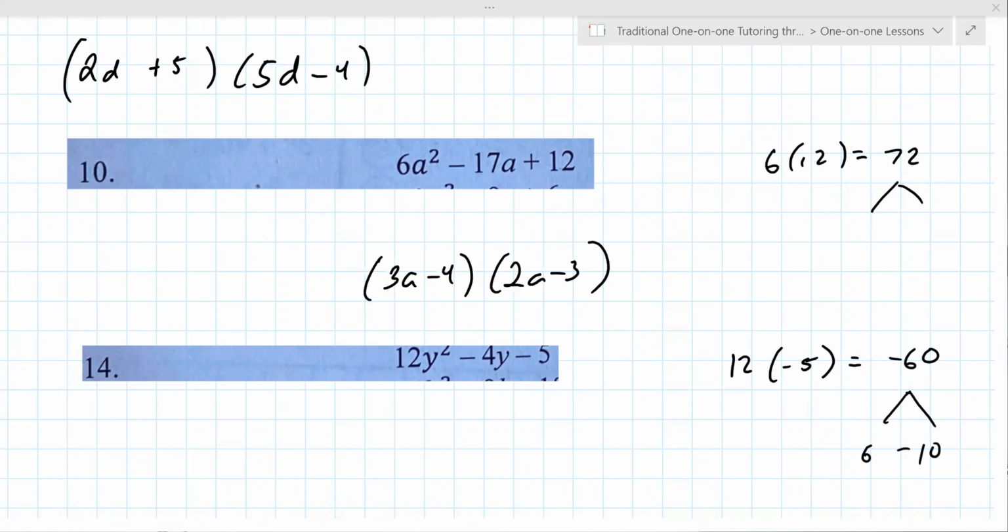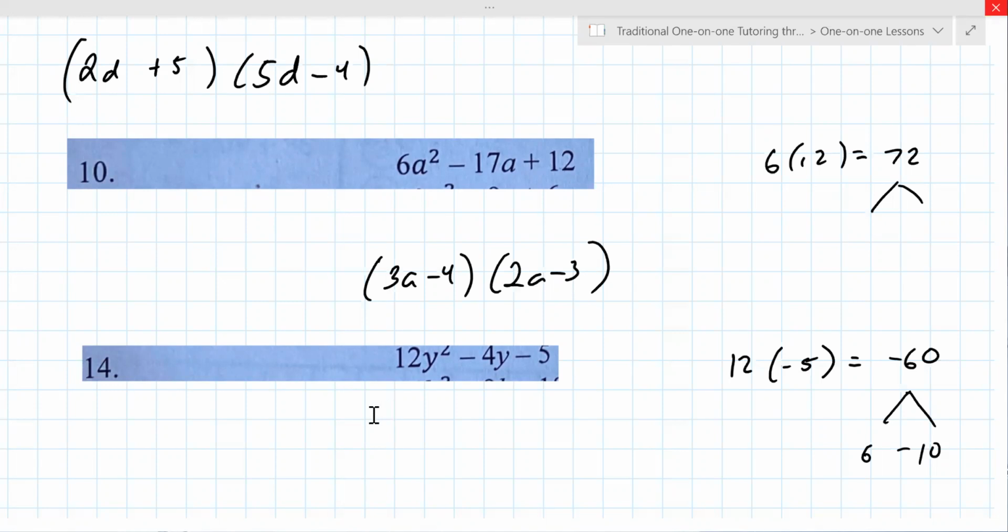$12. Wait a second. This one definitely does work.